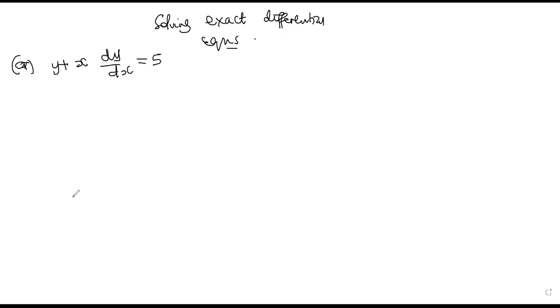We have already seen, it was our part A of testing for exactness, that it is already exact. But if it is a question in an exam, first test for exactness and show that it is exact, then you continue. But the fact that we have already tested that it is exact, we have to look for the main function.